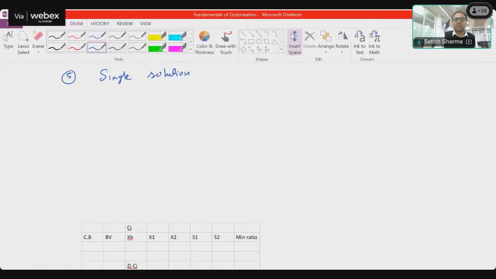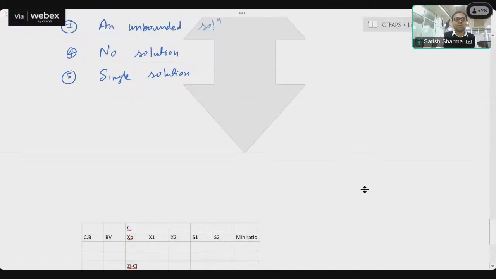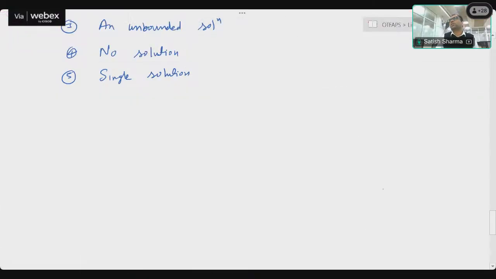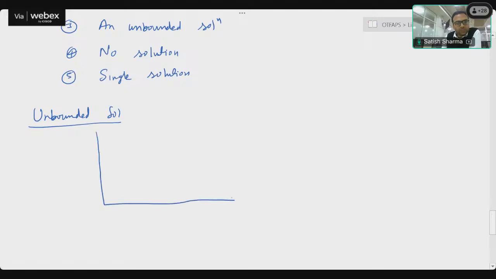So we have discussed case one, where a unique, single and definite solution was present. Now if I look at the unbounded solutions, let's consider the same example. Let's say there is one line here and another line on this side, and they have the solution space.